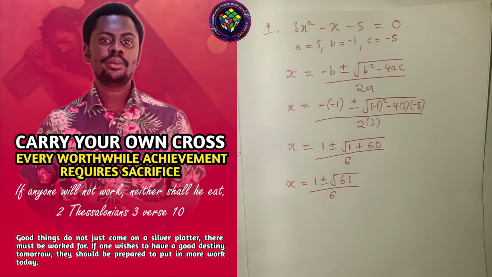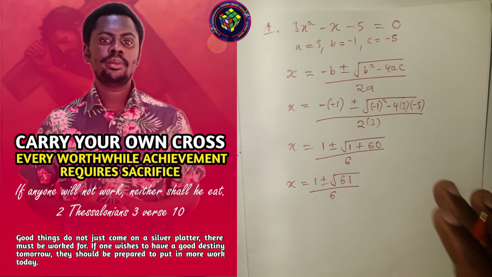Now in this case, we can see that 61 is not a perfect square, so we are not going to have an exact number for the square root of 61. So in this case, we have to use a calculator.